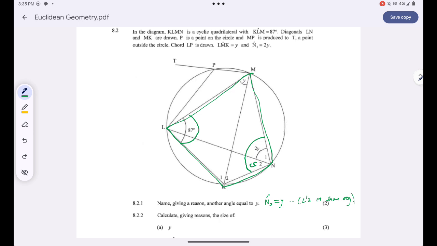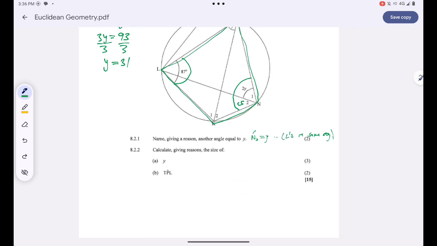It simply means that angle 87 degrees plus 3y must be equal to 180 degrees. This angle over here is 3y because 2y plus y gives 3y. And then 3y will be 180 minus 87, you'll simply get 93. Divide both sides by 3. Then y will be equal to 31 degrees.